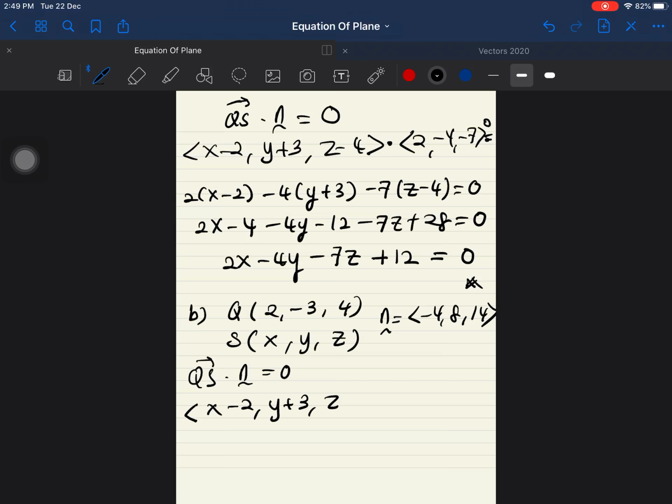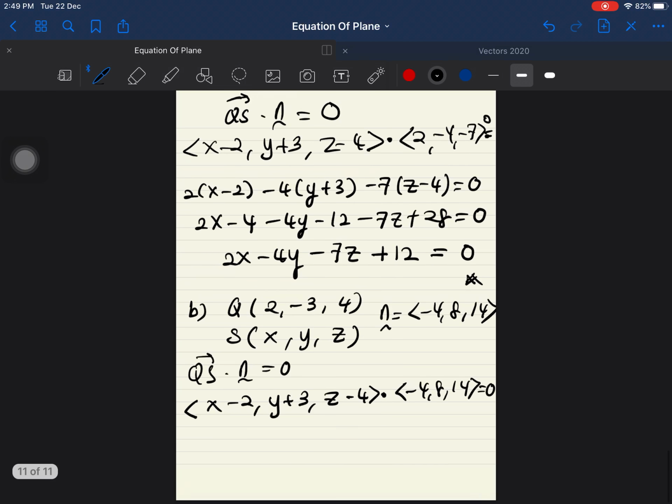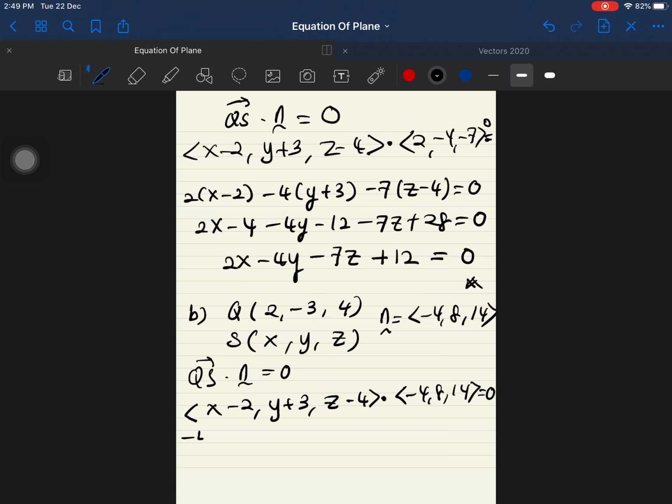QS, so X minus 2, Y plus 3, Z minus 4, dot with negative 4, 8, 14 is equals to 0. So expand this one, negative 4x minus 2 plus 8y plus 3 plus 14z minus 4 is equals to 0.